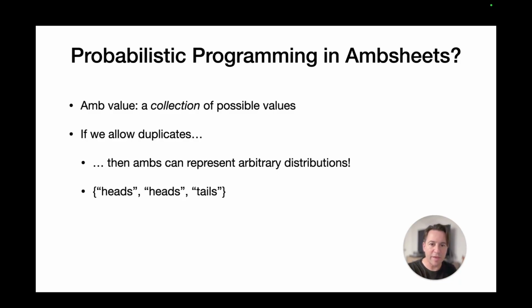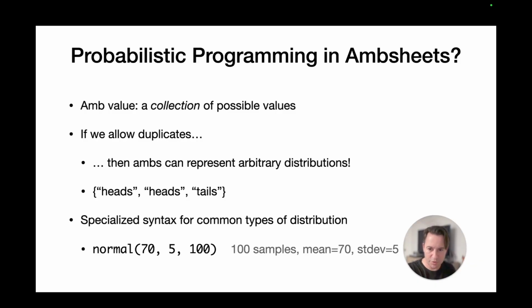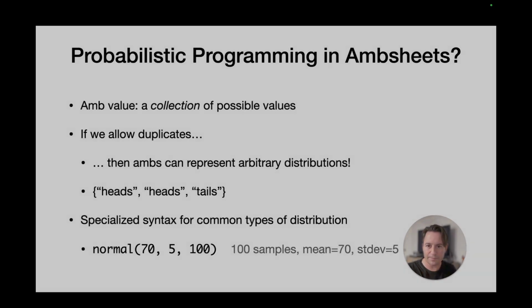This enables a naive form of probabilistic programming in AmbSheets. To play with this idea, we added specialized syntax for common types of distribution. For example, this one here means create an AM value with 100 samples from a normal distribution with a mean of 70 and a standard deviation of 5. This is the very expression that Geoffrey used in his wedding planning AmbSheet.